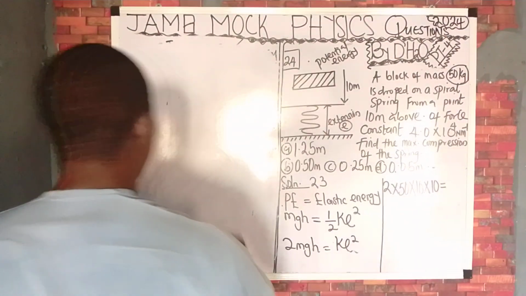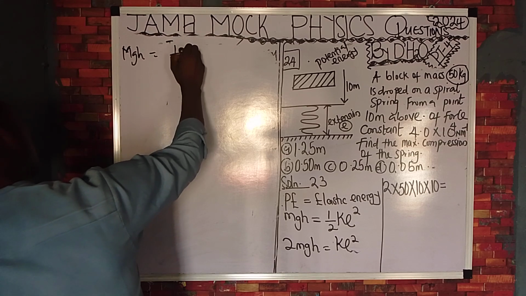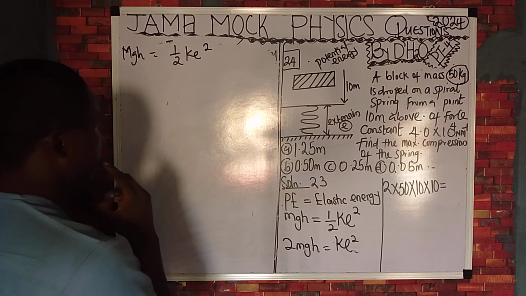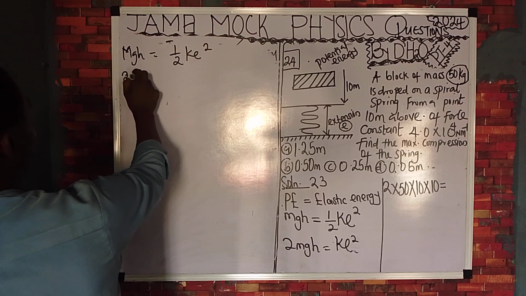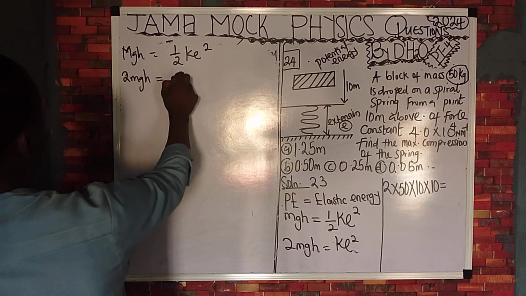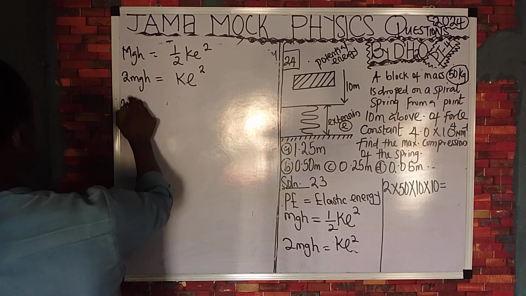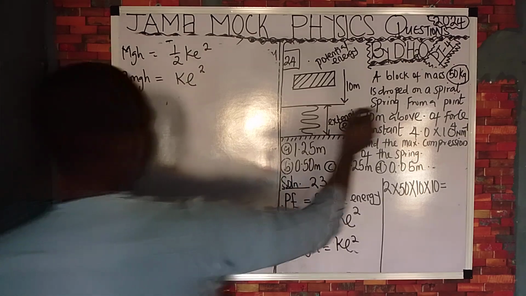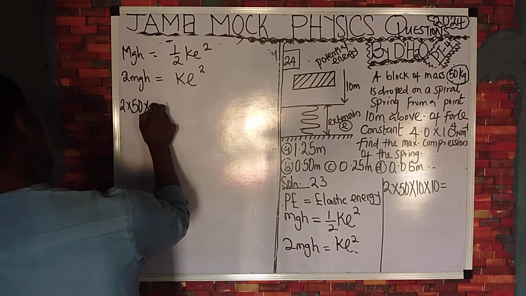Now watch this. Remember we said that mgh is equal to 1 over 2 ke square. If you cross multiply, you have 2mgh is equal to ke square, so that you have 2 times your mass. What's the mass? The mass is 50. What's your gravity? 10.